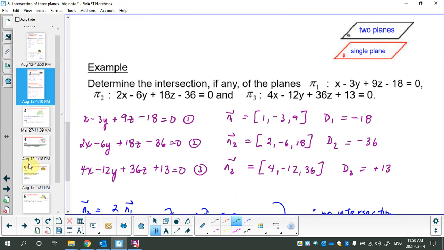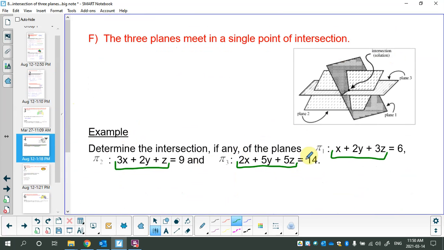If you take a look at this particular set of normals, there is absolutely no pattern whatsoever. And when there's no pattern whatsoever, you have to do this little pre-test. So I'm going to do it up here, and we've seen it before, and I'm just going to make a little note that the normals have no pattern.